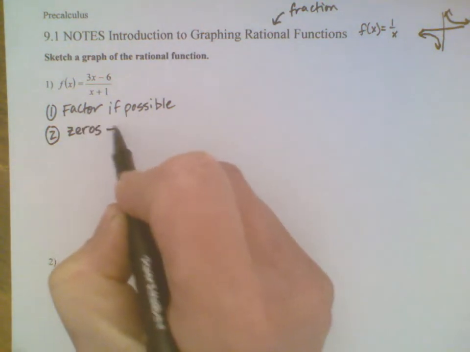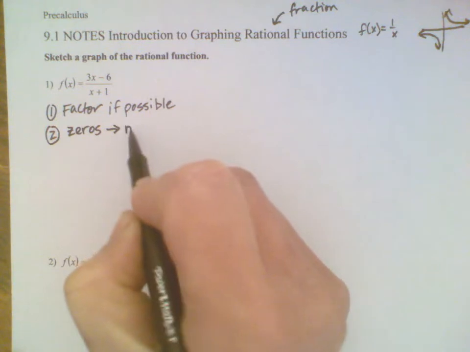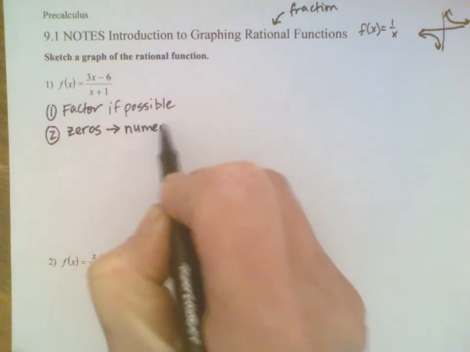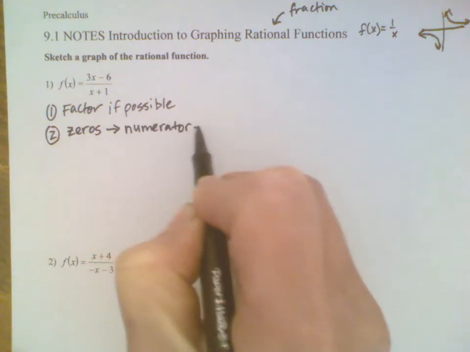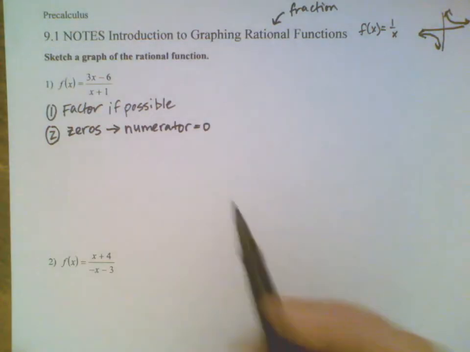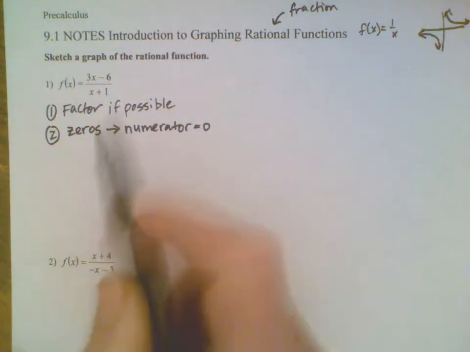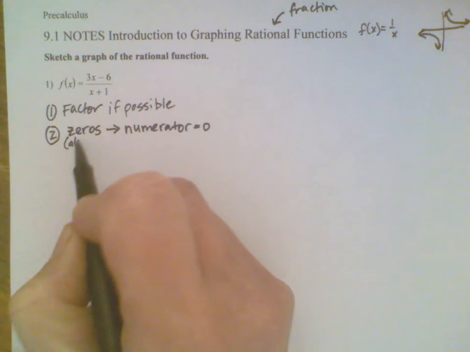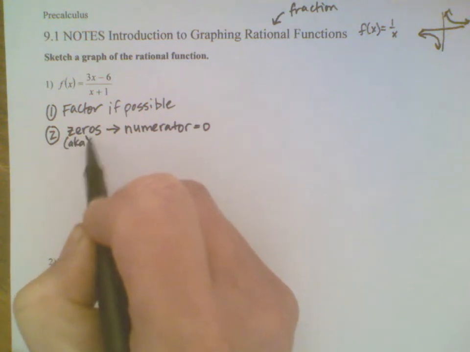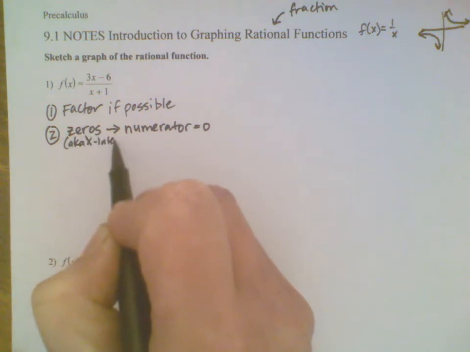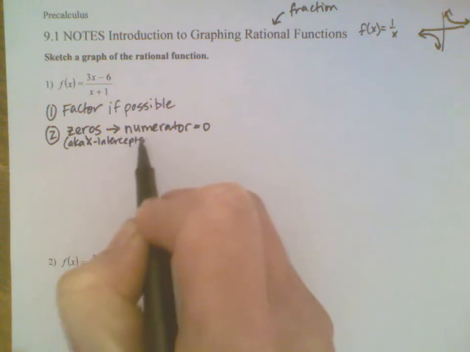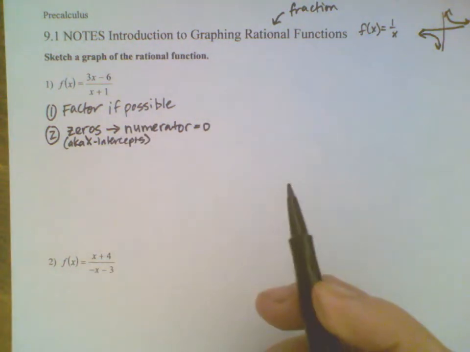Zeros happen when the numerator is set equal to 0. And so my zeros, again, this is an AKA, these are the x-intercepts. That's the other name for those zeros, x-intercepts, where it crosses the x-axis, essentially.